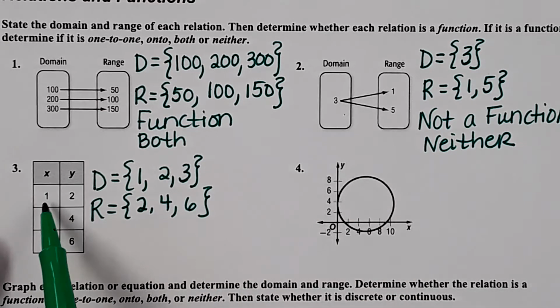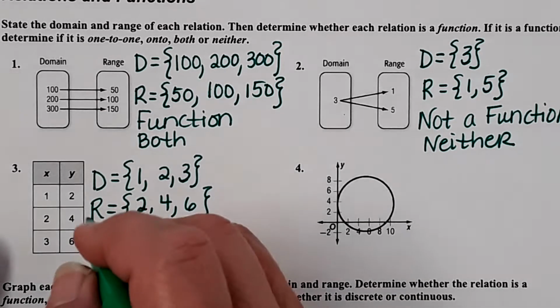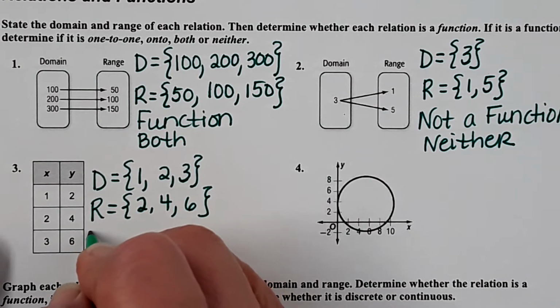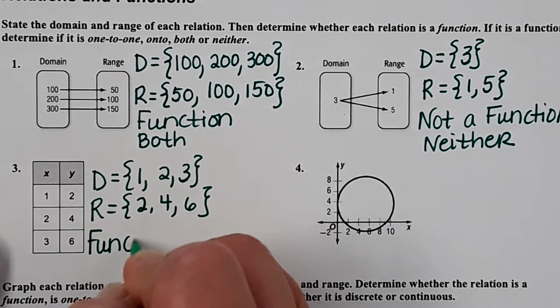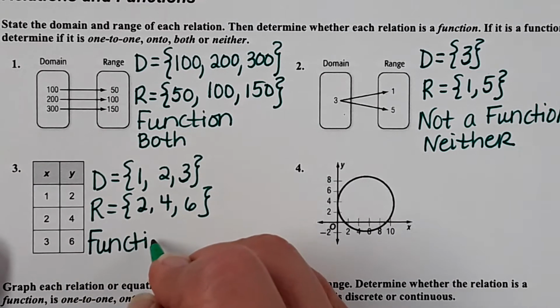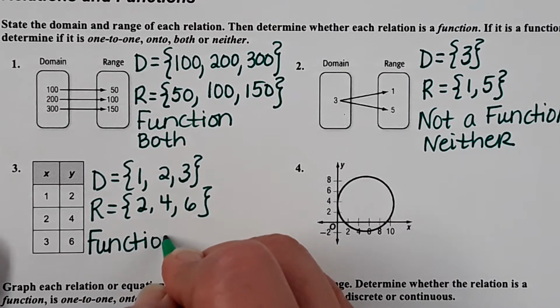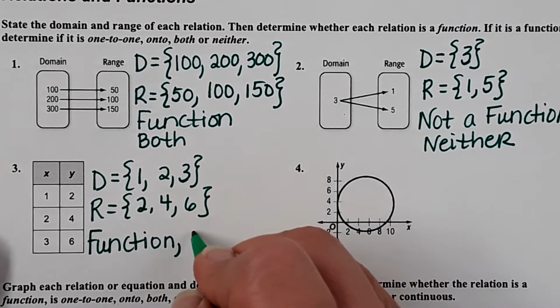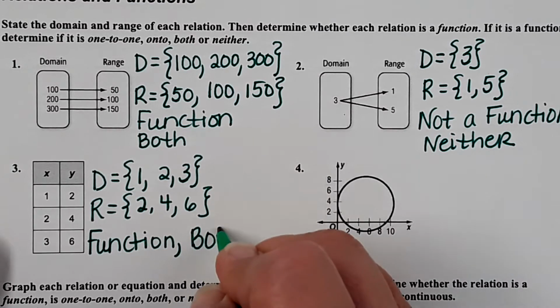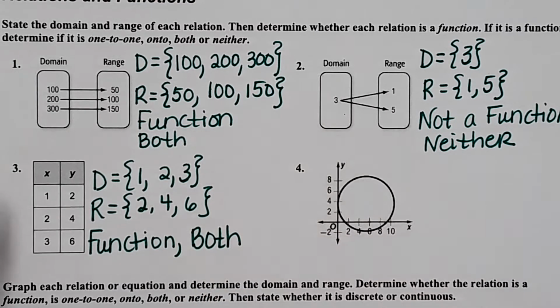Yeah. So 1 goes to 2, 2 goes to 4. So this is what we call a function. And is it 1 to 1, onto, or both? Both. Because there's exactly one element of the domain and exactly one element in the range, then it's both of them.